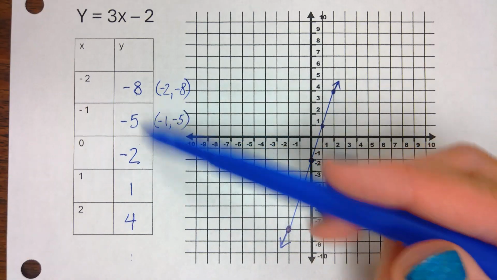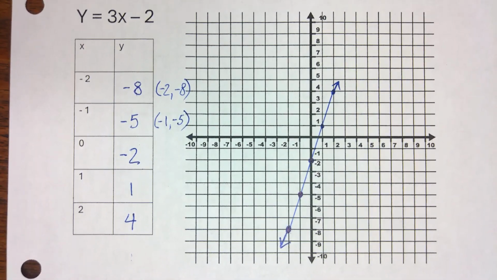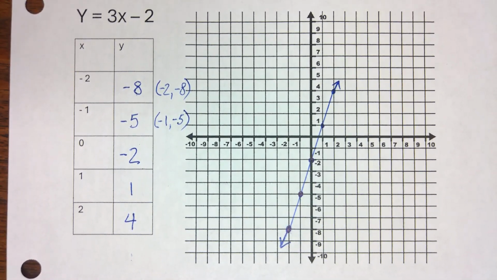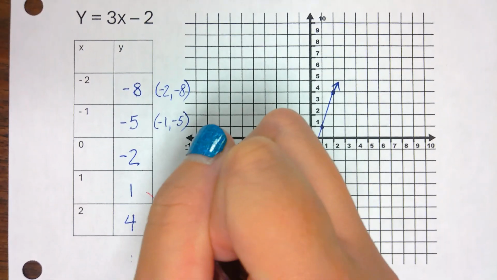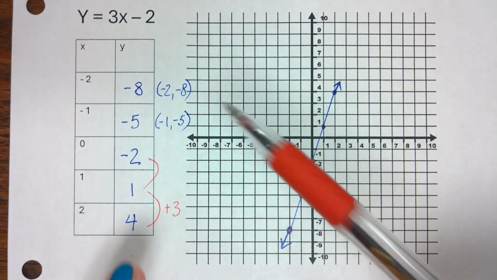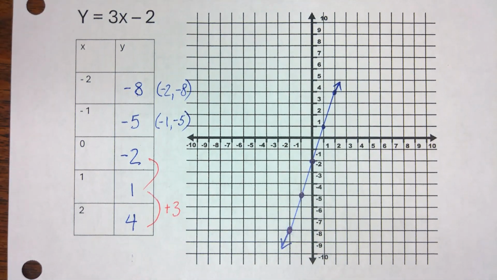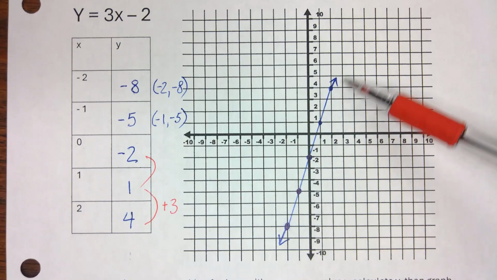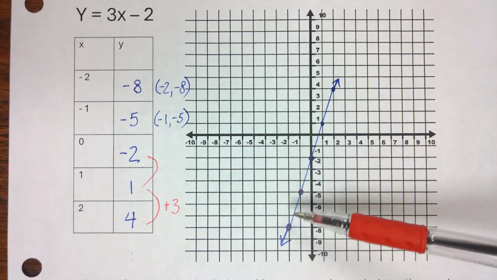Do you see a pattern in the y values? What's my pattern? Adding 3 every time. Right, so it's adding 3, adding 3, adding 3. So remember on Tuesday, what I said was there's 3 different ways to tell that it's a linear relation. 1, the points all line up to be on a straight line.